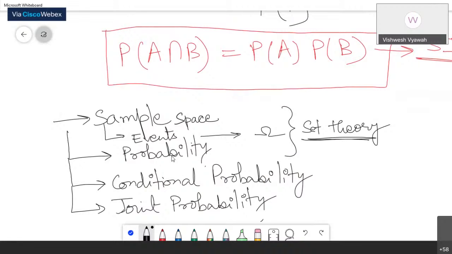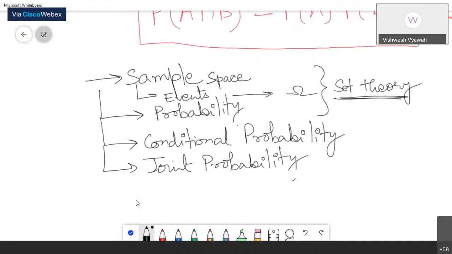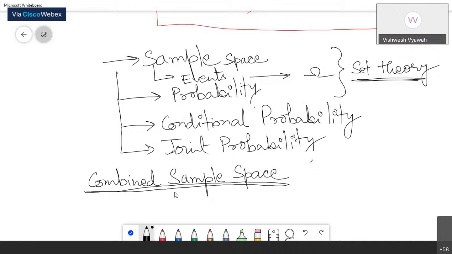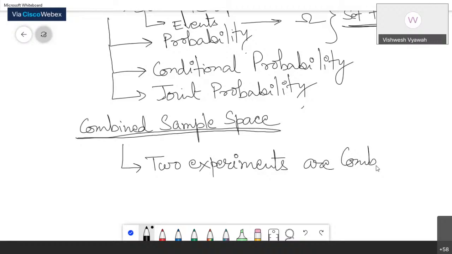Now we will try to go ahead and understand combined sample space. Combined sample space, for example, two experiments are combined. After this, we are going to go to random variables.